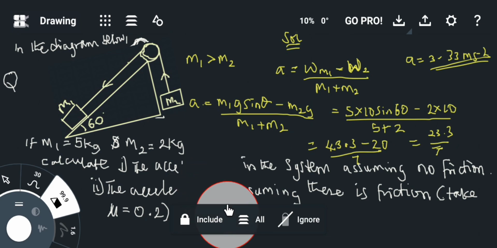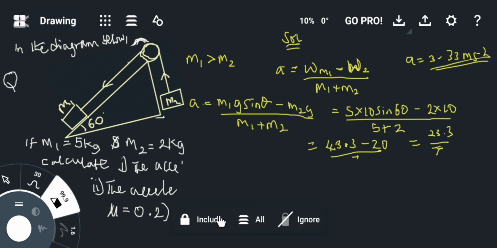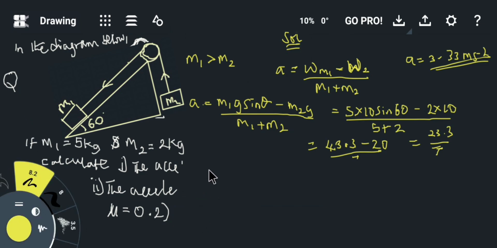For the second problem, to solve it, we already know the acceleration will be given as, remember, the weight of m1 minus the weight of m2. Since m1 is greater than m2, if it is the other way around, you just have to switch sides with the whole process.